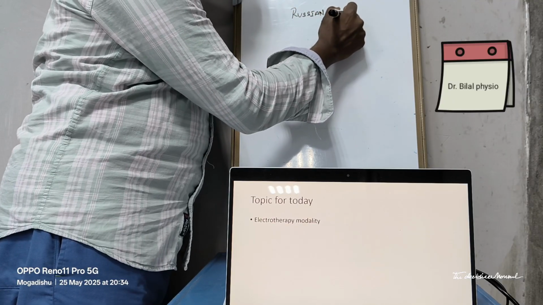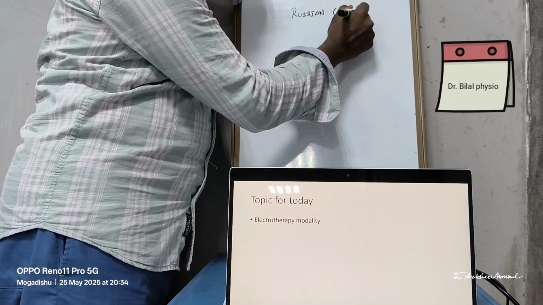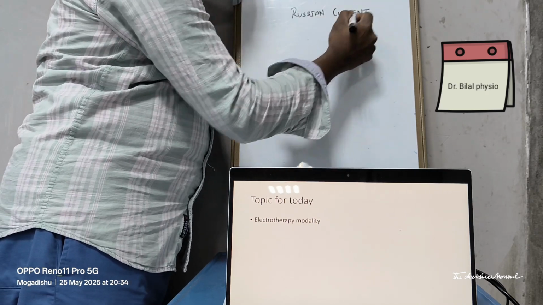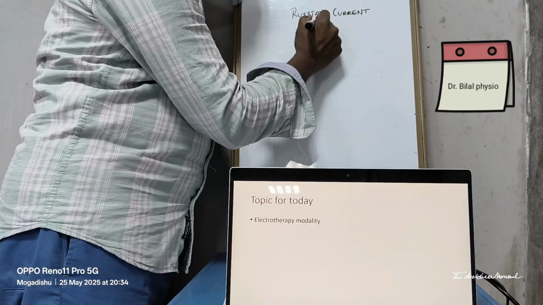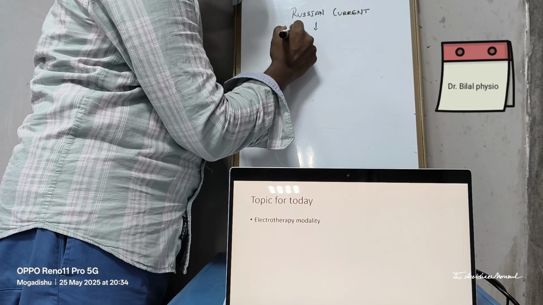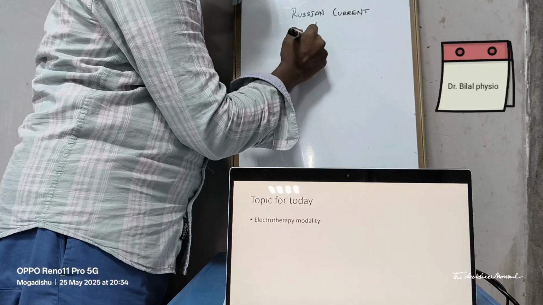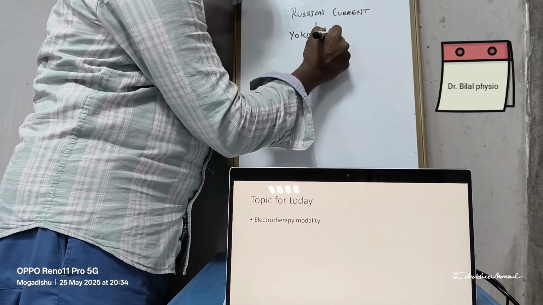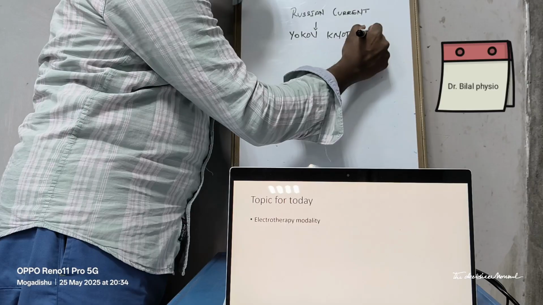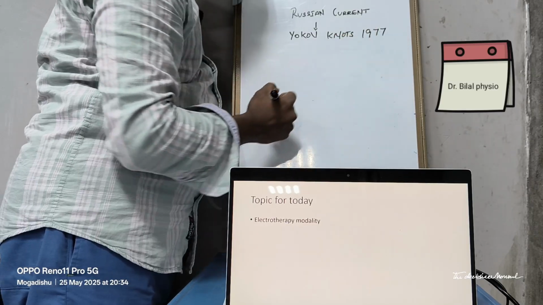Russian current was discovered by a Russian scientist, so it is named the Russian current, named Yakov Kots, in 1977.